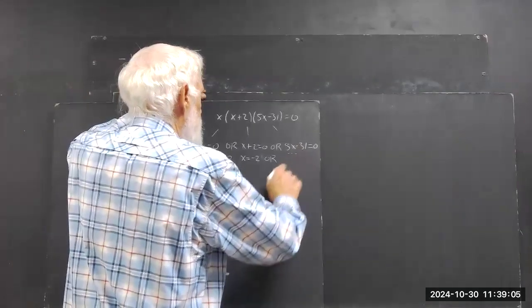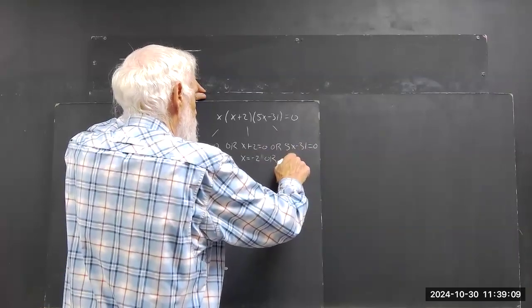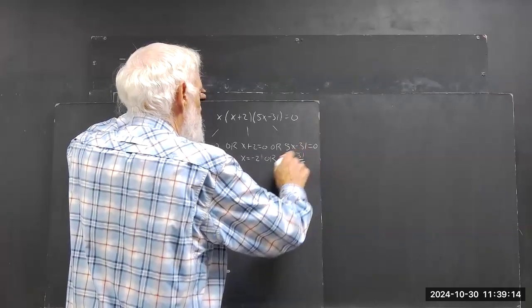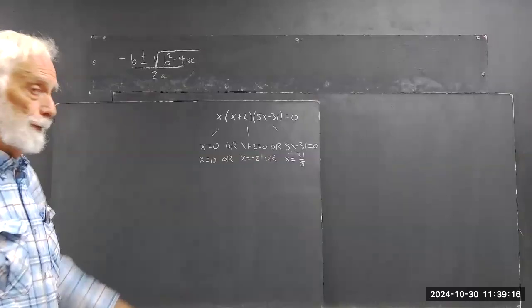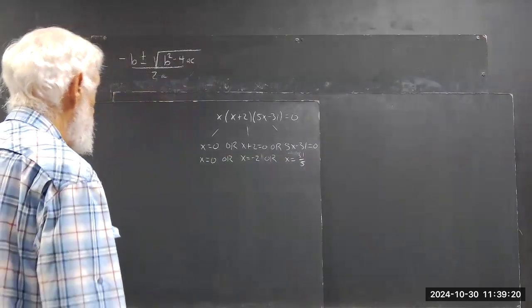And I'll put 3 dots here. Well, yeah, let's do it. No, I don't want to do all that. Okay, or x equals 31/5, because the solution to this was obvious. Make sense? Okay.